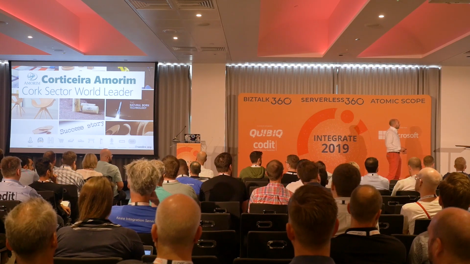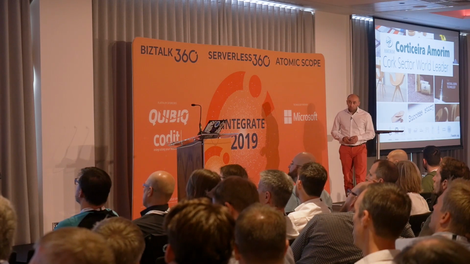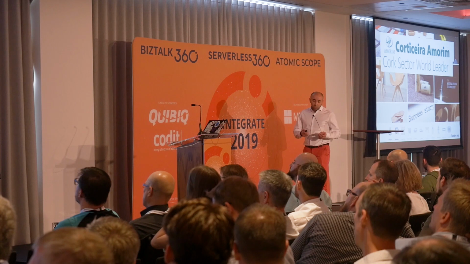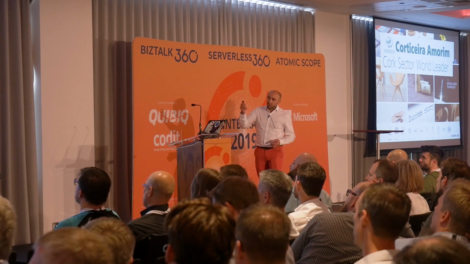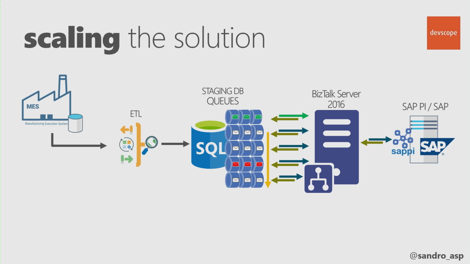The first one is Corticeira Amorim, the world leader in cork manufacturing, wines, space, you name it. And they had issues connecting their manufacturing data to SAP, okay?